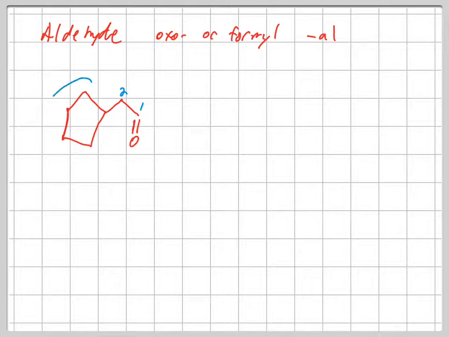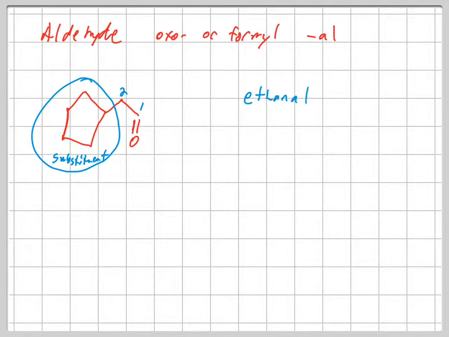That turns this cyclopentane into a substituent. So here we have 1, 2, so that's going to be ethanal. And then on the 2nd carbon we have a cyclopentyl. So we have 2-cyclopentyl.